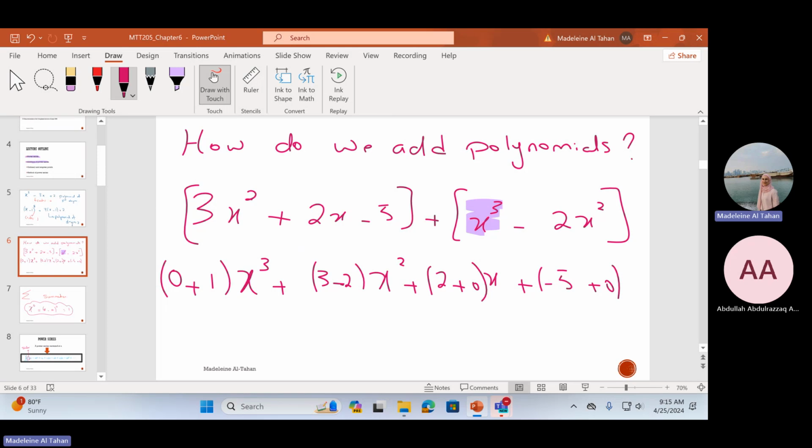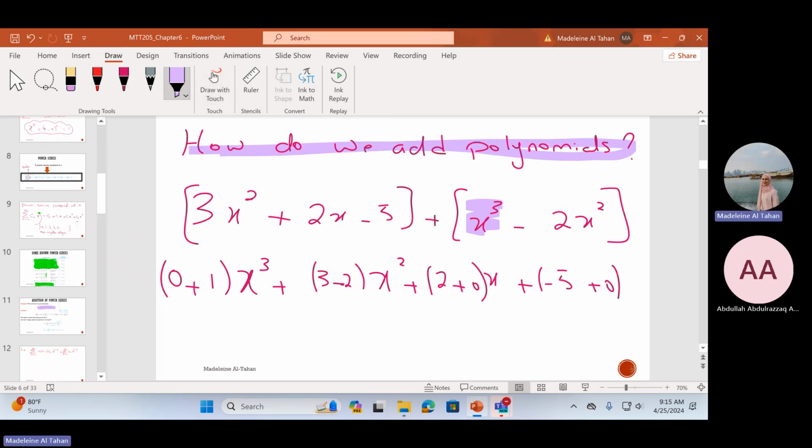And we simplify. So for the power series, what do we add? The coefficients of the equal powers, okay? This is how we add polynomials.